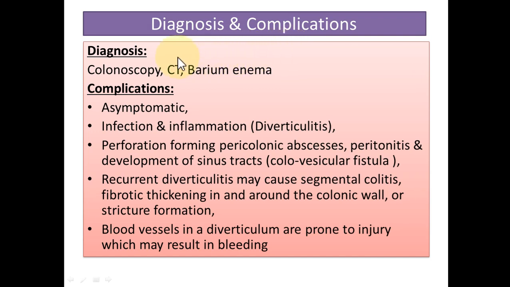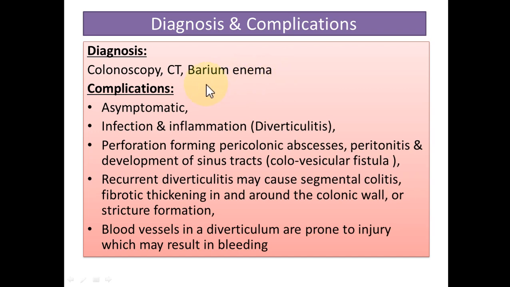The diagnosis of the diverticulosis in large intestinal diverticula can be made by the colonoscopy, computed tomography, and sometimes the barium enema, in which a contrast dye is given to the patient rectally, and then x-rays are taken that will outline the diverticula if they are present there.